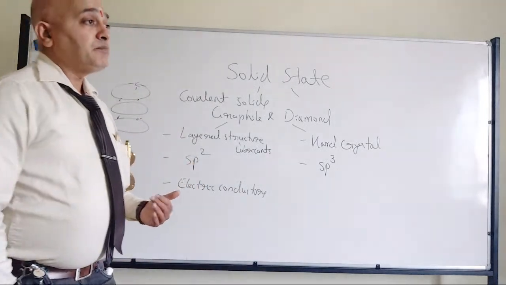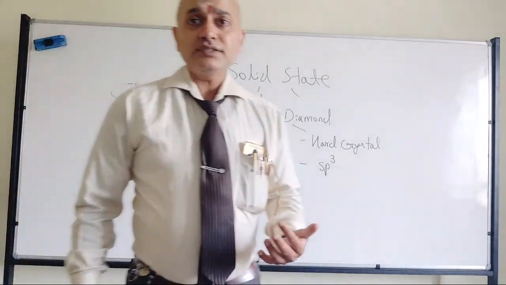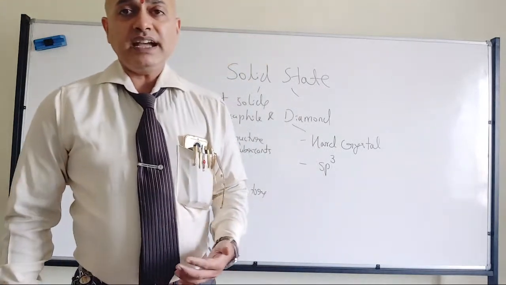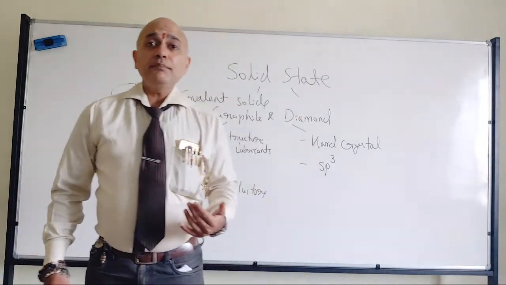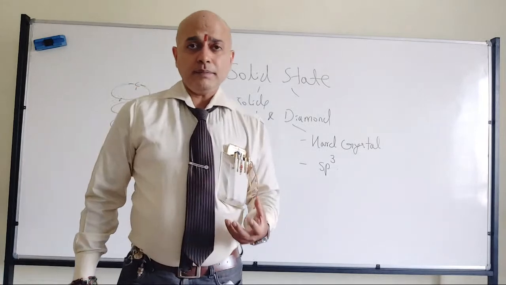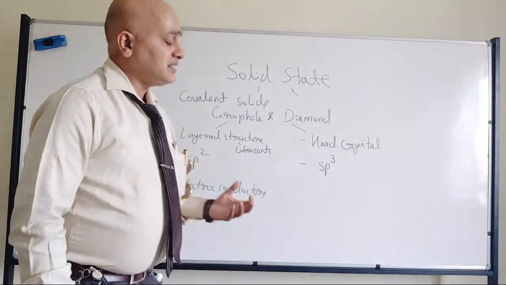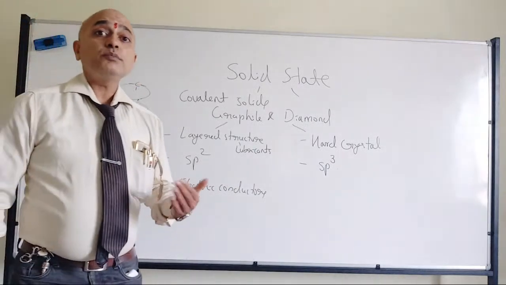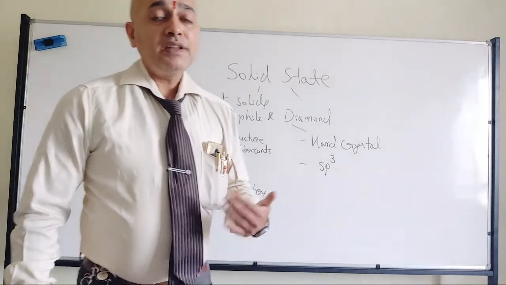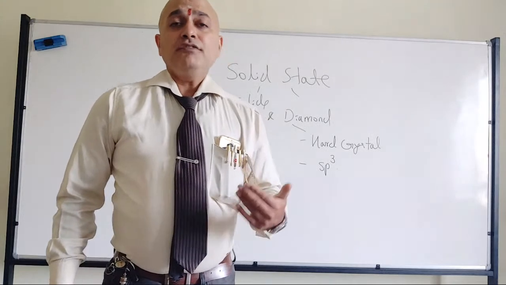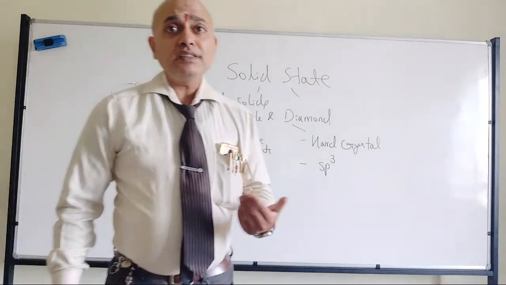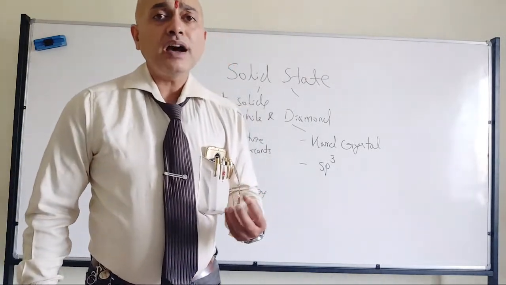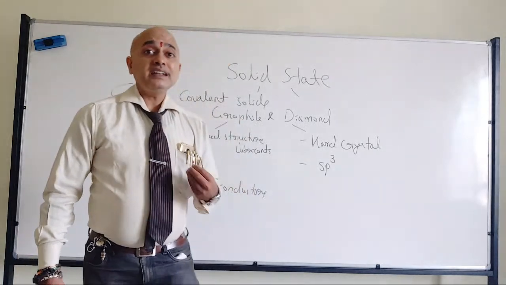Sir, methane CH4 also has sp3 hybridization. In that case, why is methane a gas at room temperature? Why is it not present as a crystal? That is because of intermolecular interaction. Each methane interacts with another methane by non-polar, weak interaction.